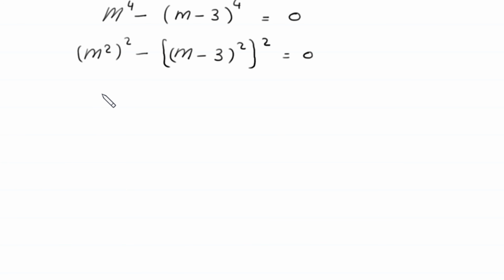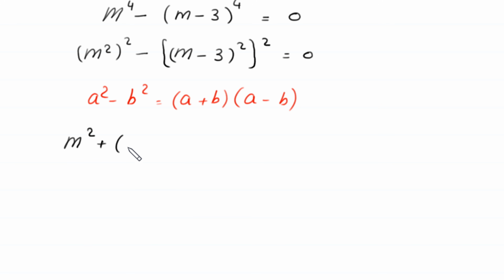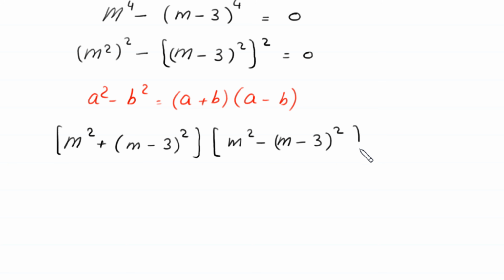Now by using this algebraic identity, a squared minus b squared is equal to (a + b) times (a - b), this expression will become (m^2 + (m - 3)^2) times (m^2 - (m - 3)^2) is equal to 0.